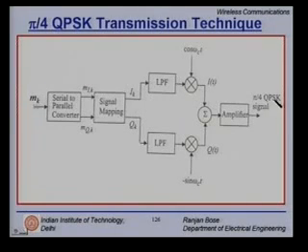You get the pi by 4 QPSK signal. So what is important in this slide is to understand how you take this bit stream, and having divided it into the in phase and quadrature bits, do the signal mapping so that you get I_k from m_I,k and Q_k from m_Q,k.